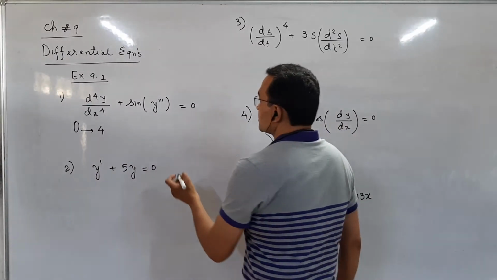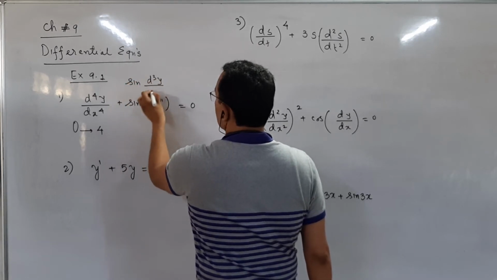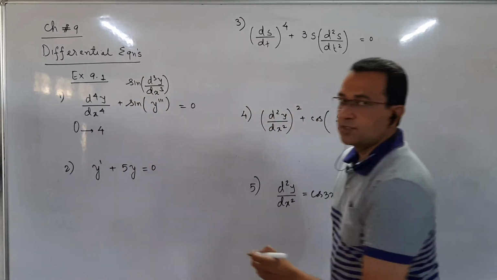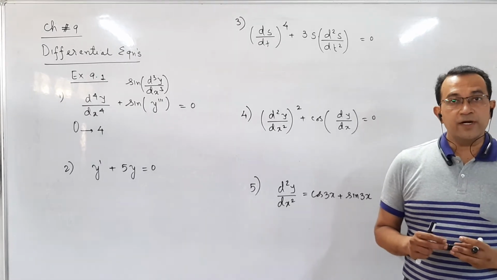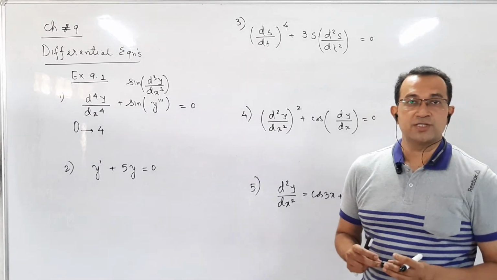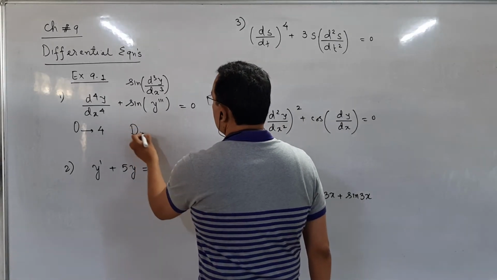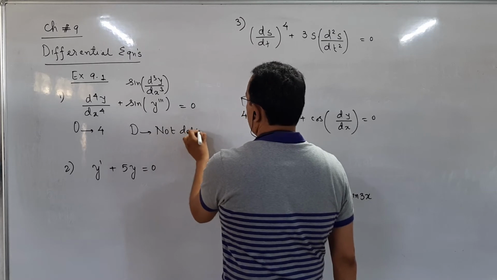Now since this is sine of d3y upon dx3, this is not in a polynomial form of derivative. Whenever a differential equation is not in the polynomial form of derivative, degree is not defined.